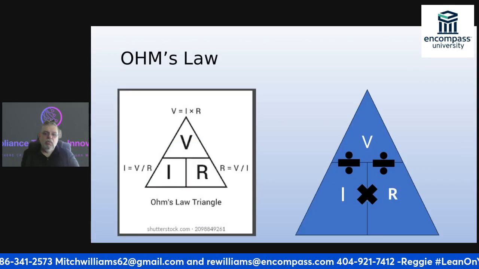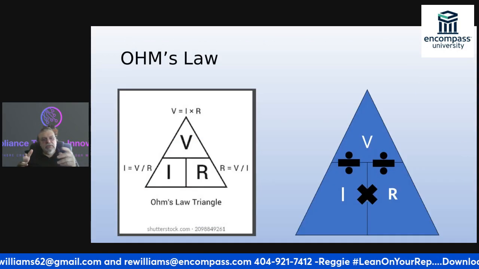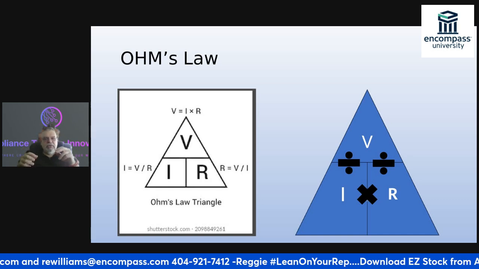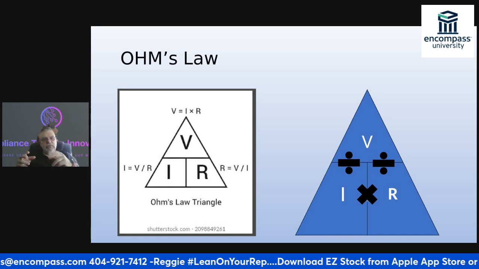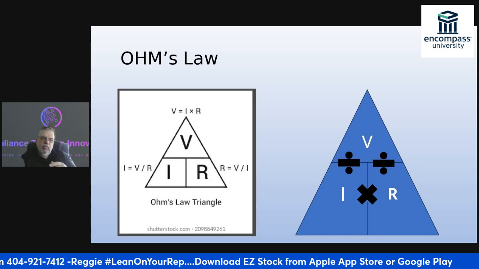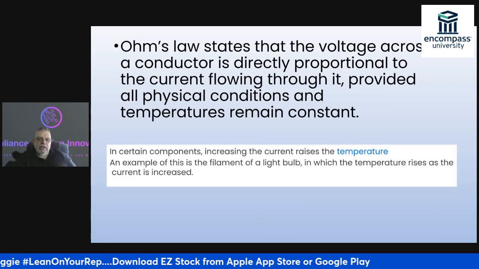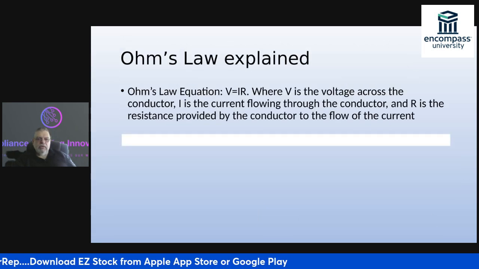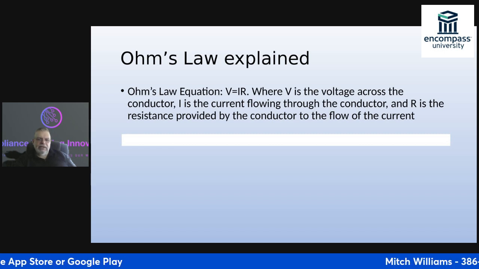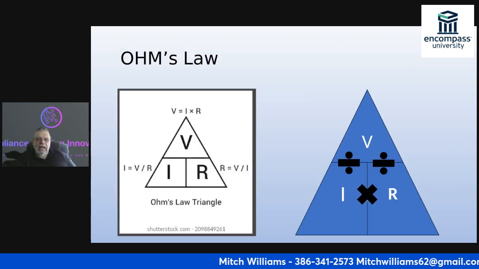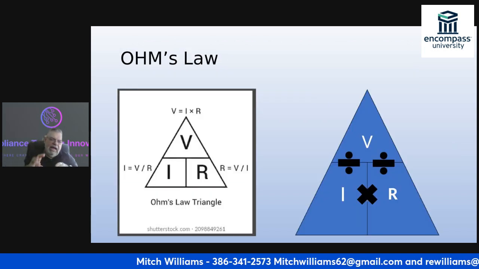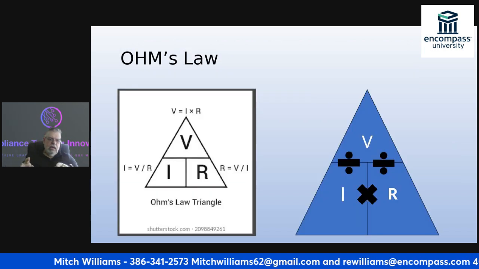Once again, let's go back over. V is voltage, I is current, and R is resistance. So I can figure out anything if I have 2 of the 3 items.